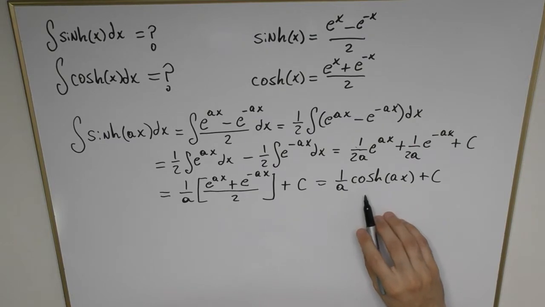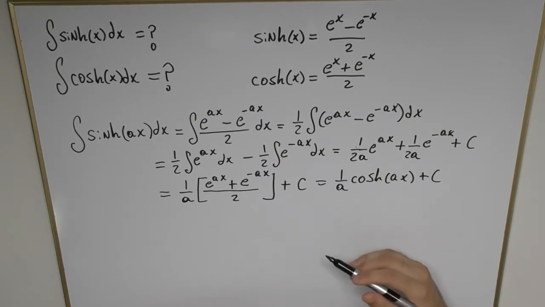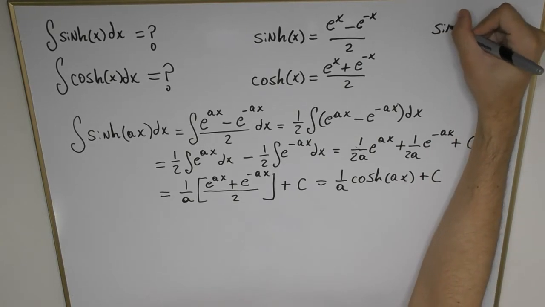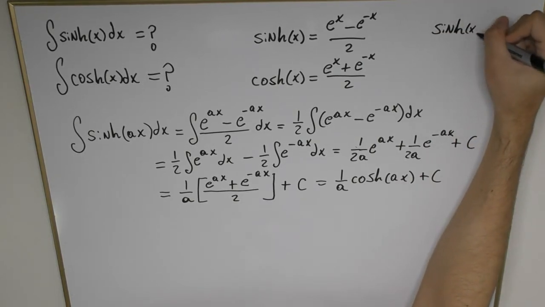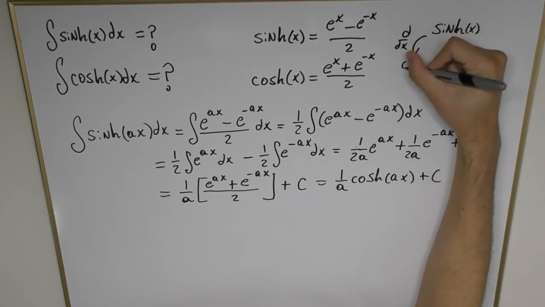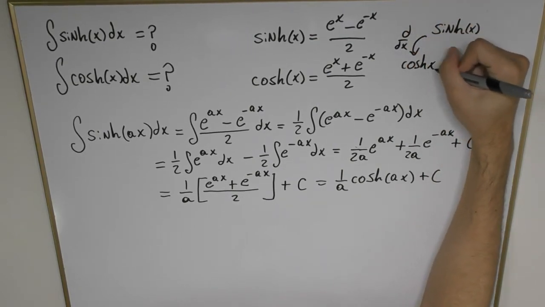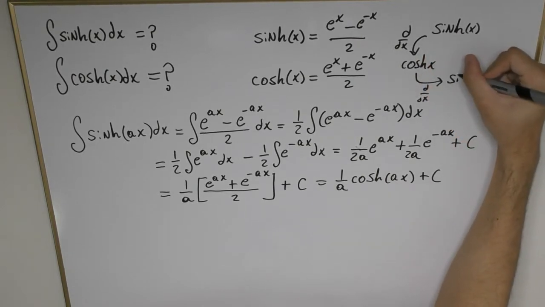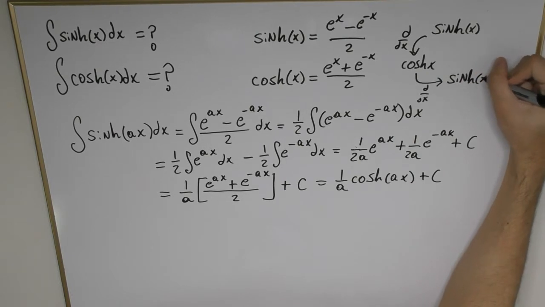We could have also used the fact that when you differentiate these two functions, you get back to the other. So let's say we started out with the hyperbolic sine of x. If you differentiate that, d over dx, you get cosh x. If you differentiate that again, you're going to get back to hyperbolic sine.